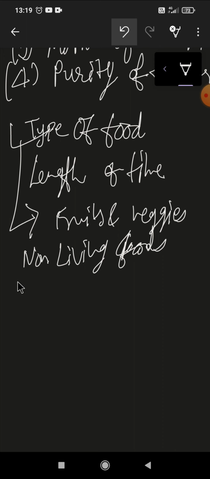That is for the non-living foods. Non-living foods need to be preserved much earlier. This is type of food. Now let's come to the second point, that is length of time, or let's call it storage time.